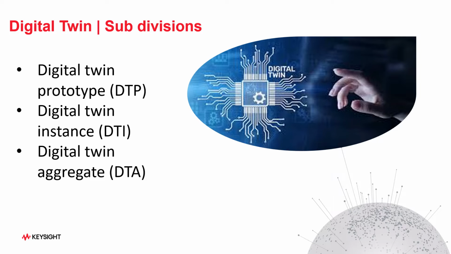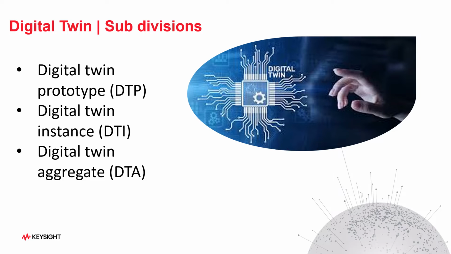The digital twins are commonly divided into subtypes that include digital twin prototype or DTP, the digital twin instance or the DTI, and the digital twin aggregate or the DTA.